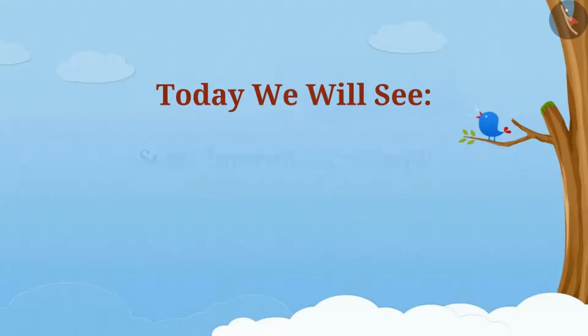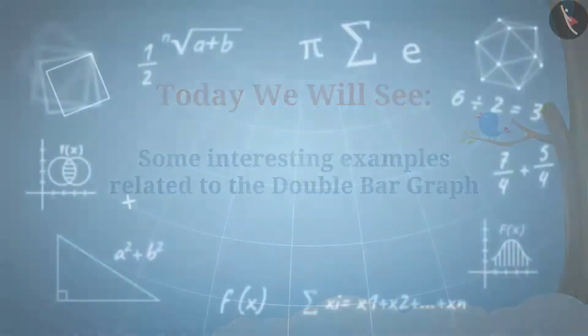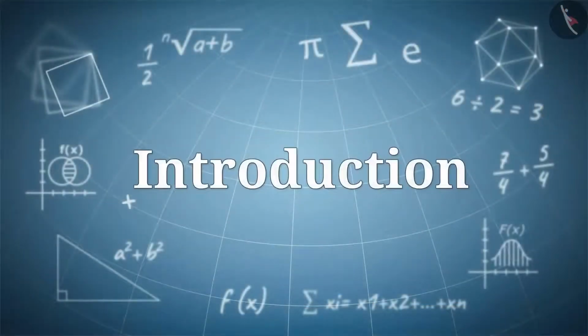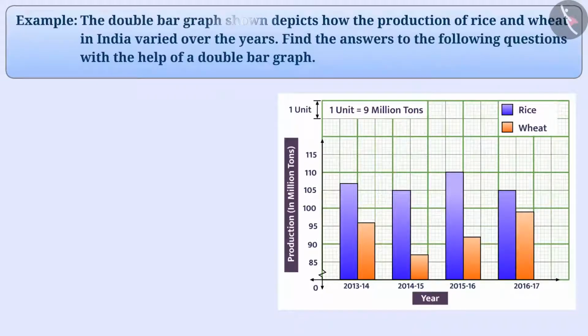Today we will see some interesting examples related to double bar graph. The double bar graph shown depicts how the production of rice and wheat in India varied over the years. Find the answers to the following questions with the help of double bar graph.